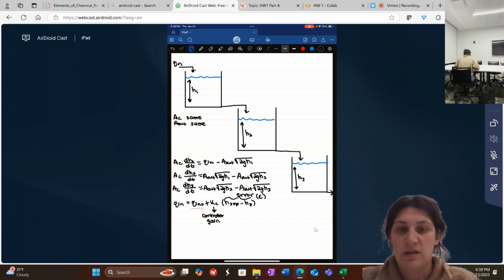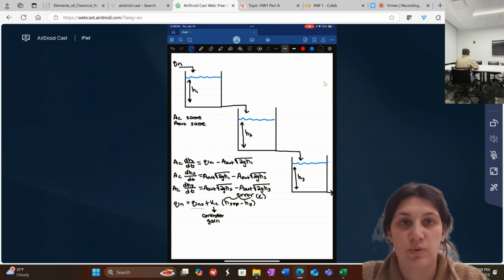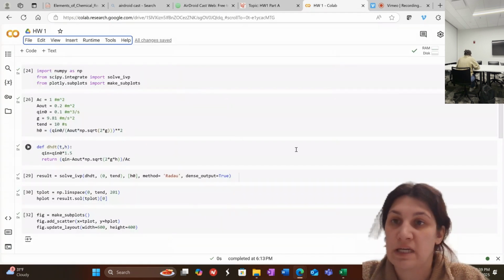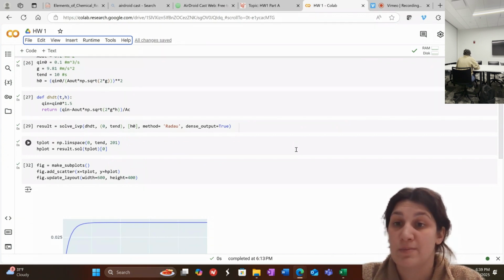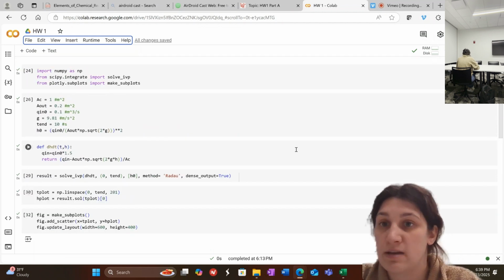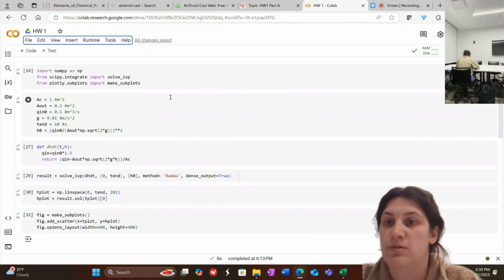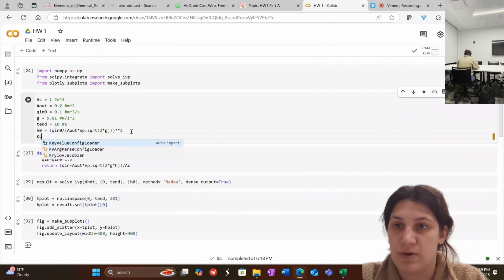Now what we can do is go on over to what we had typed up for part A1 and just make some adjustments to make this compatible for 3 tanks. So we already have our libraries imported and a lot of our parameters spelled out. Now we just need to add our Kc.